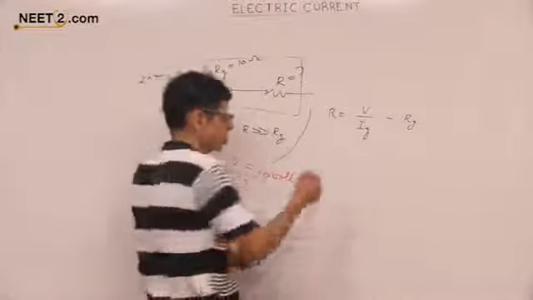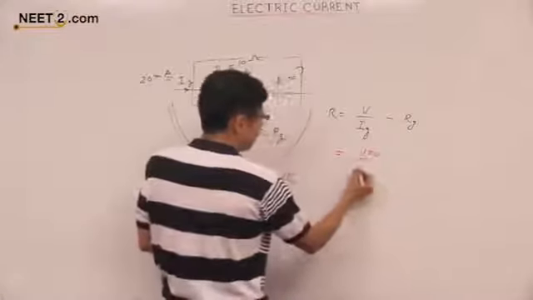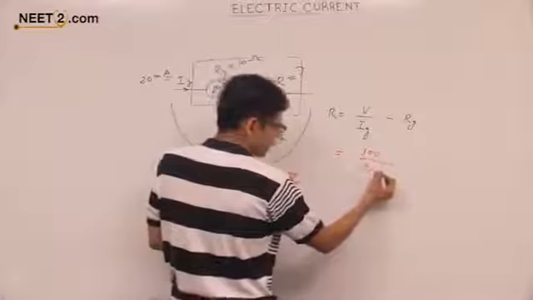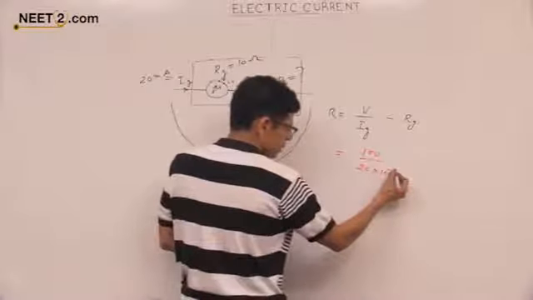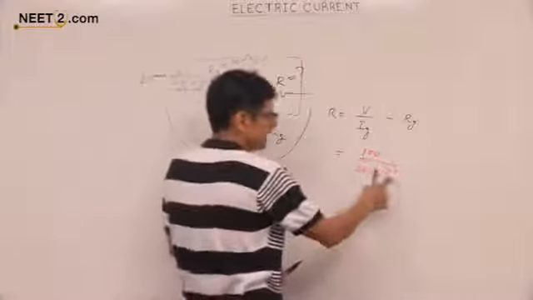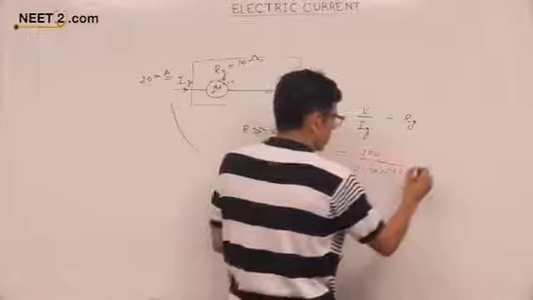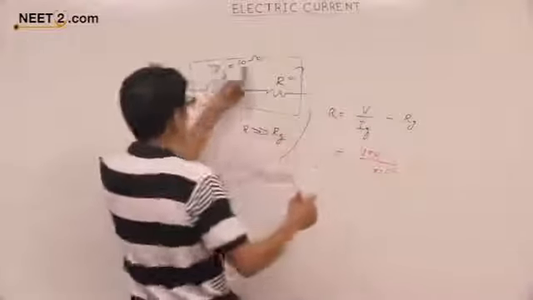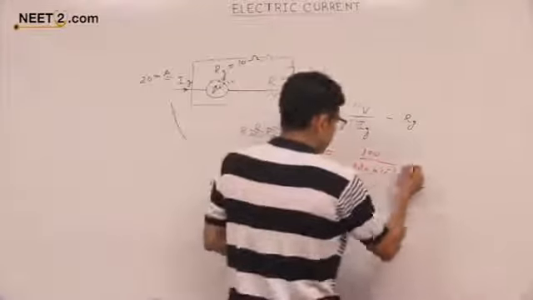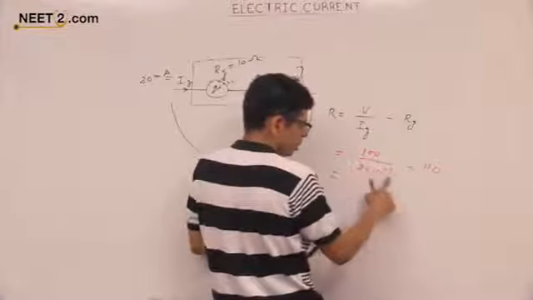Plug in the values. So V is 100, Ig is 20 milliamperes. I write the milli as this. So since this is in ampere and this in volts, this will come out in SI units, that is ohms. And Rg is given in the problem as 10. Now this is 20,000.